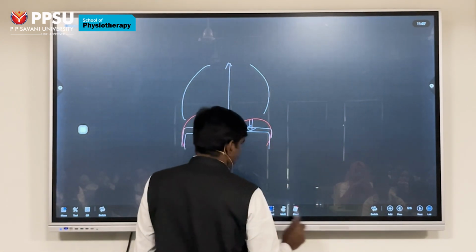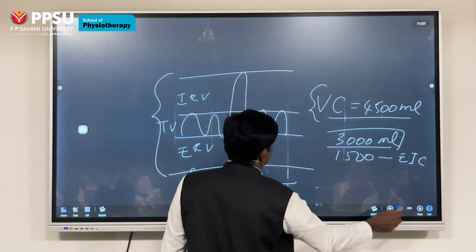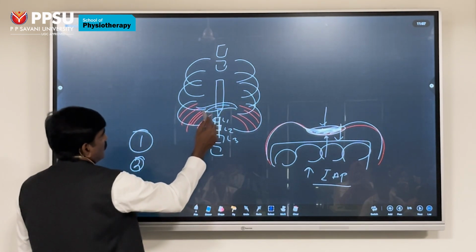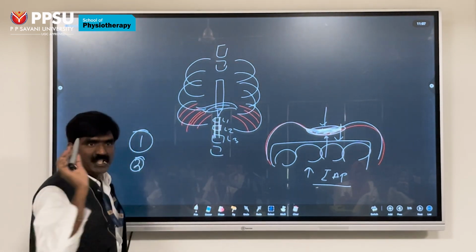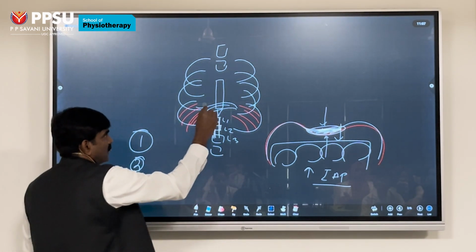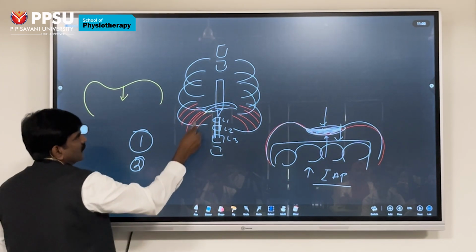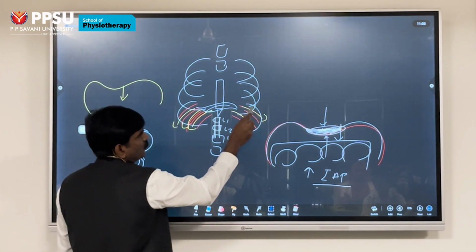For example, this diagram. See the direction of contraction of the muscle during initial inspiration, when the diaphragm is moving down. The direction of contraction is insertion to origin.